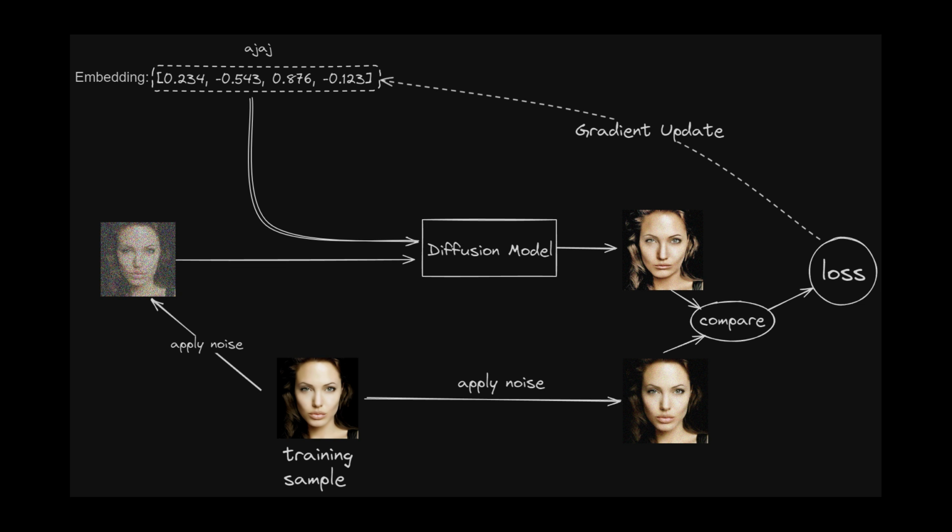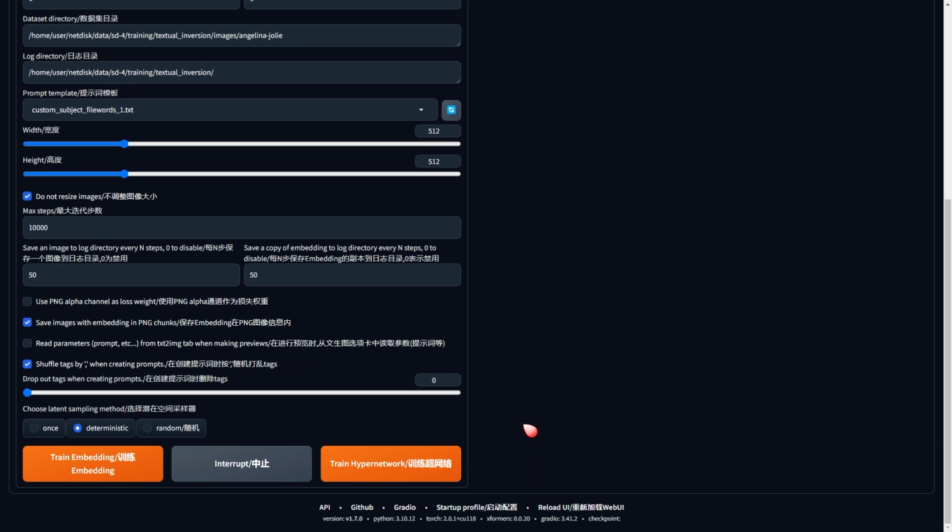Initially, there's a significant difference between the image generated from the original embedding and the one derived from our training dataset, resulting in a high loss value. Stable Diffusion then adjusts the embedding based on this loss, aiming to minimize the differences in subsequent training rounds. Max steps sets the limit for these iterations, while the default is set to 100,000.